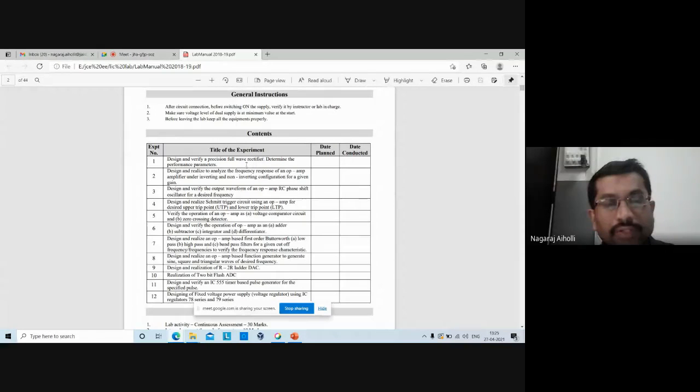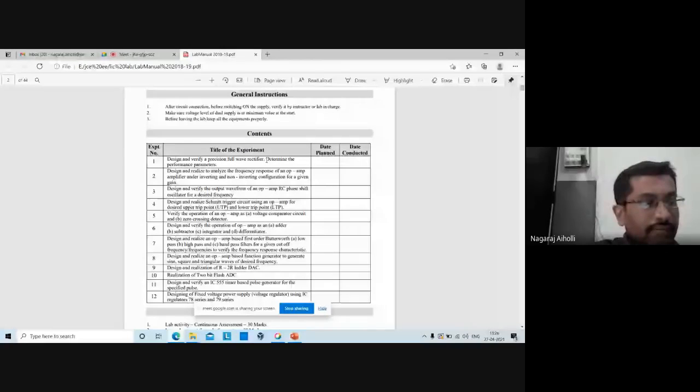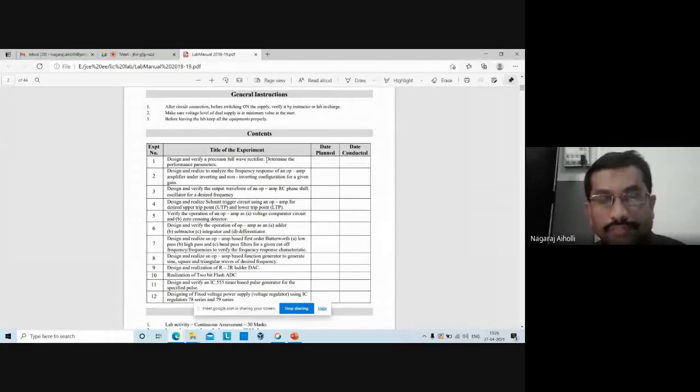In the last lab in your previous semester you studied the bridge rectifier experiment, is it not? Here it is a similar full wave rectifier, but the precision and efficiency available for the precision full wave rectifier is more than that of the normal bridge rectifier. That is how the name precision full wave rectifier circuit is given to this circuit.